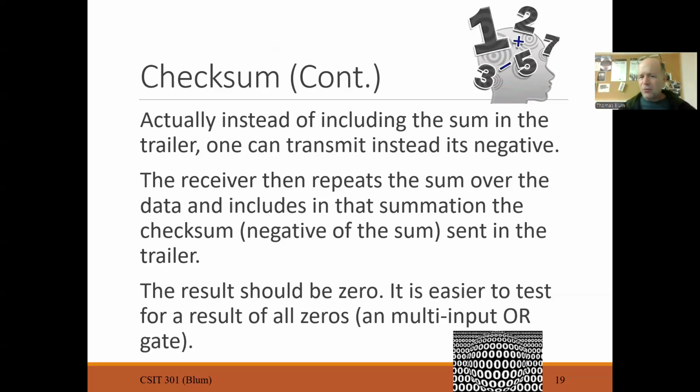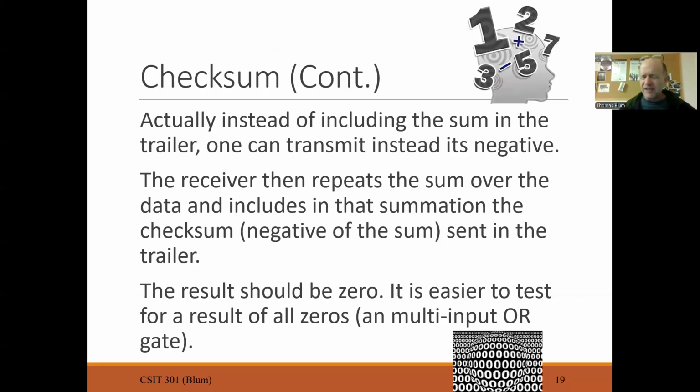Then the receiver does the sum with that check as part of what is summed. Because that number is the negative of everything that came before, the result should be 0.